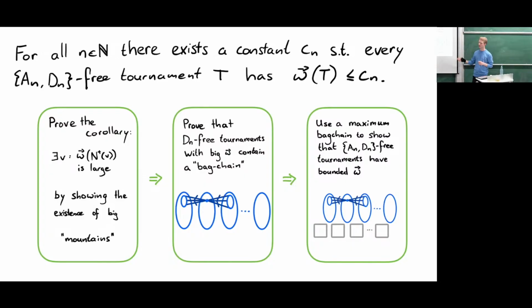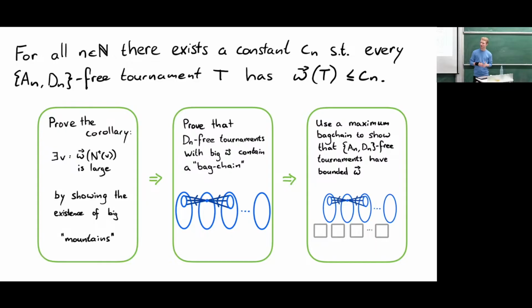And finally we can use that to then do a mostly standard back-chain argument to show that in fact the entire tournament must have bounded diclique number. And that then shows the main result that for any integer there exists some constant such that if you forbid both A_n and D_n, a tournament that doesn't contain either of them has bounded diclique number.